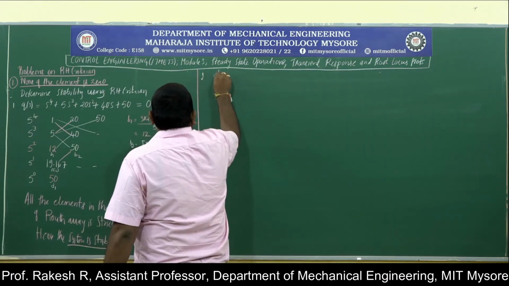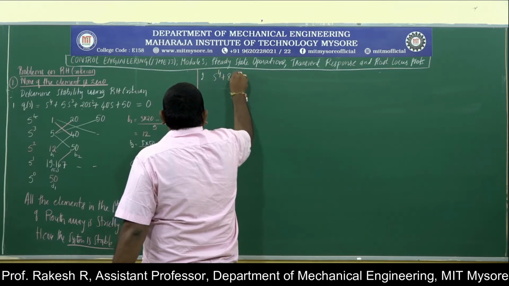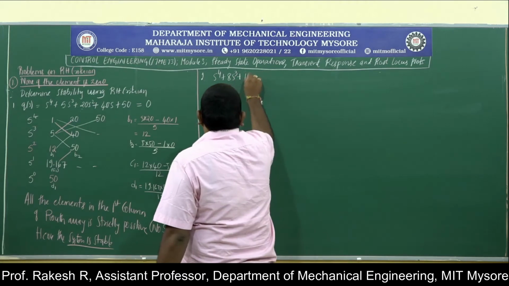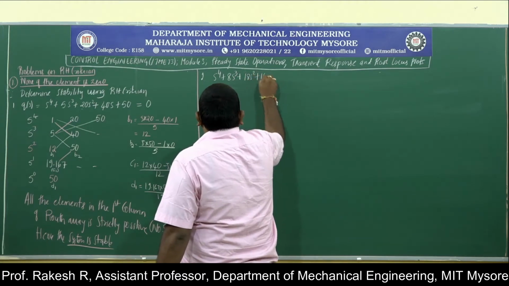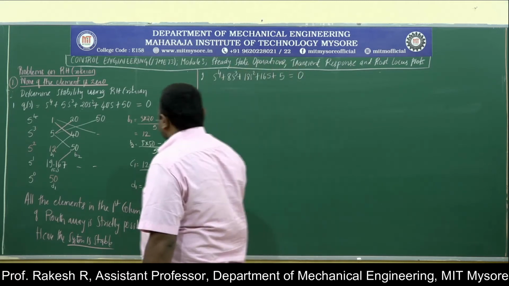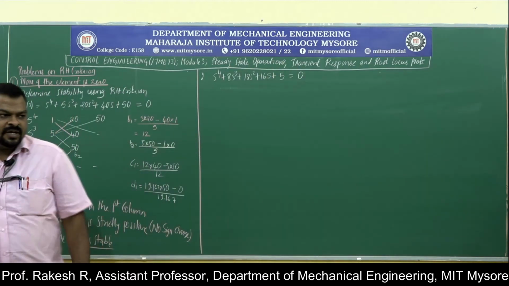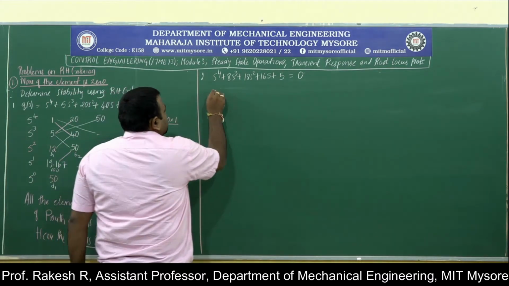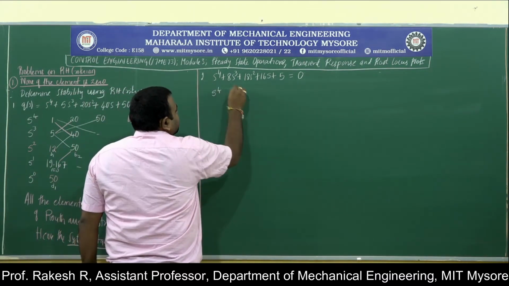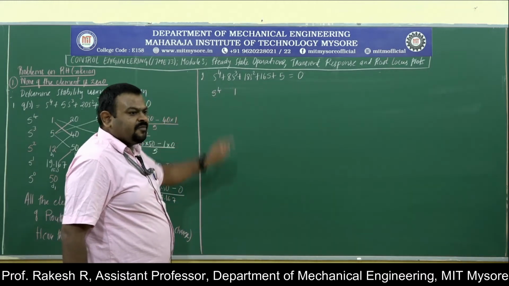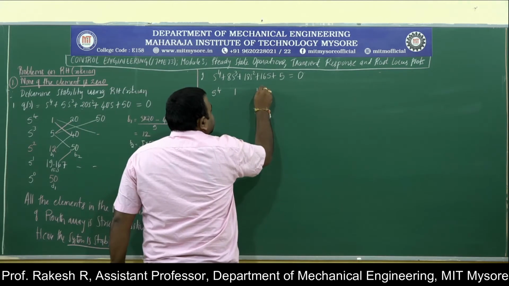The second problem is s to the power of 4 plus 8s cube plus 18s square plus 16s plus 5 equal to 0. Same story. First I have to start with the highest power. So s to the power of 4, the coefficient is 1. The next decreasing coefficient is s square, it is 18.